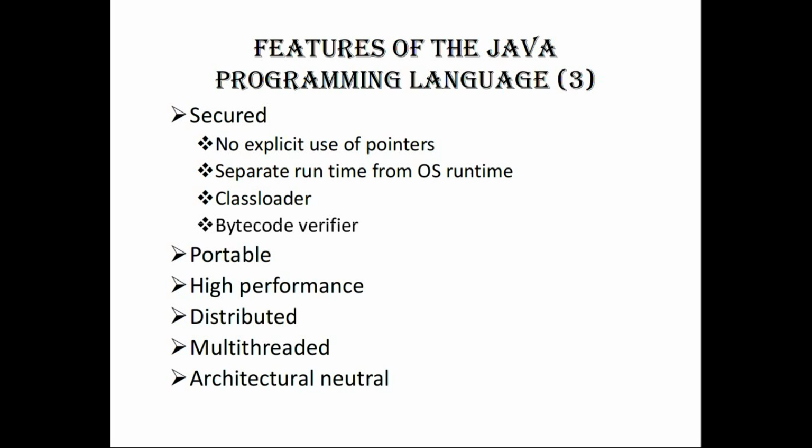Now, Java is also an architectural neutral language. And when we talk of architectural neutral language, what do we mean? We simply mean the Java programming language is not dependent on any particular platform. If you're a C programmer, you would have noticed that the size of an integer can vary depending on what environment you are running on.